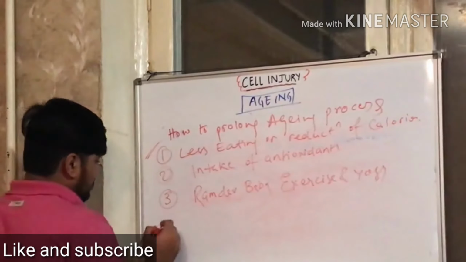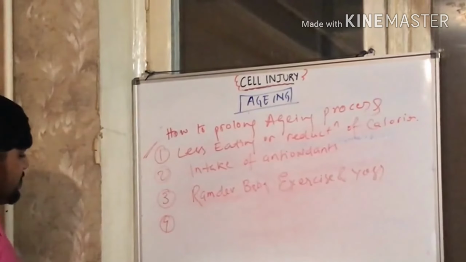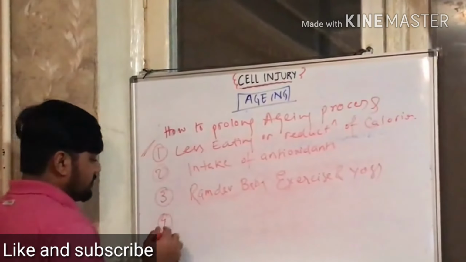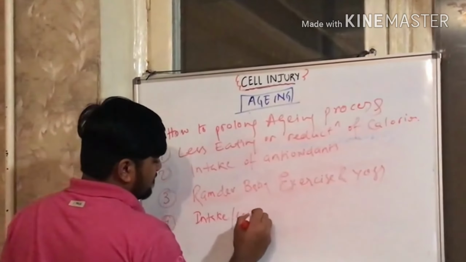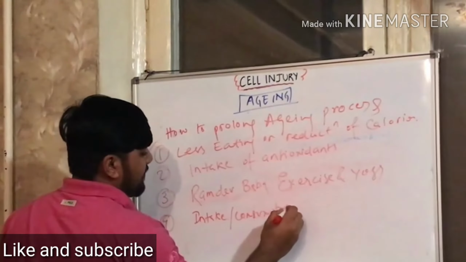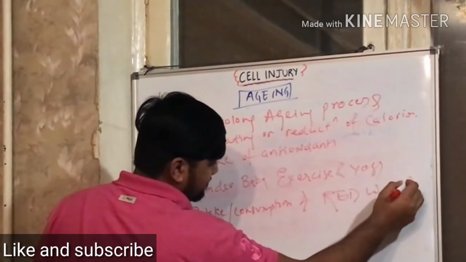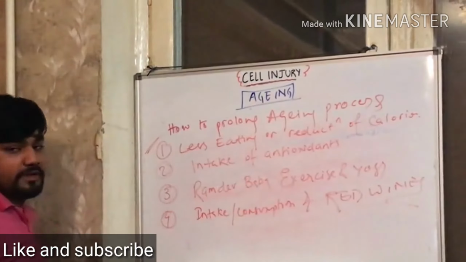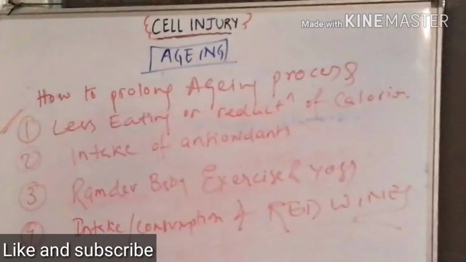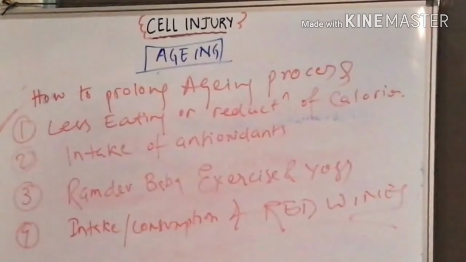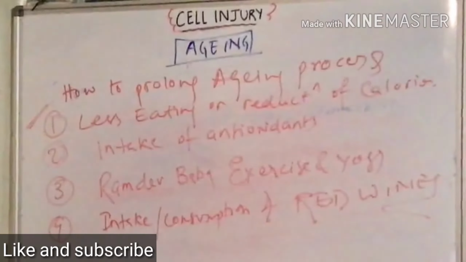There is one more thing that you can do to reduce your age. You will love to hear this option, that is consumption of red wine. Okay, there are four things: less eating or reduction of calories, a lifestyle change, then intake of antioxidants, then Ramdev Baba or exercise and yoga, then consumption of red wine.